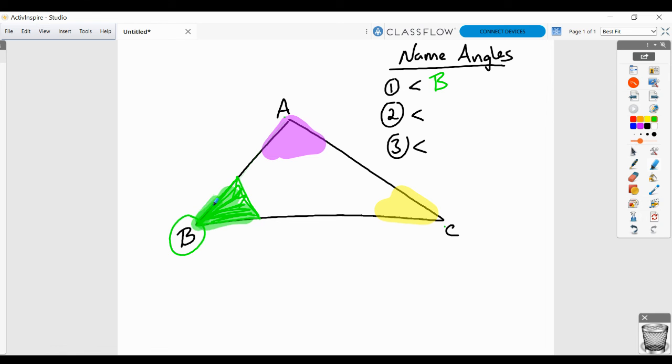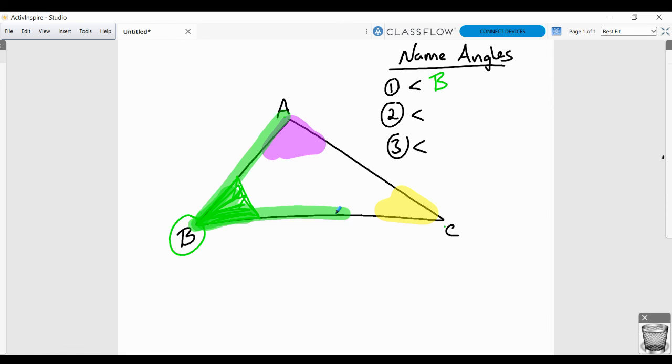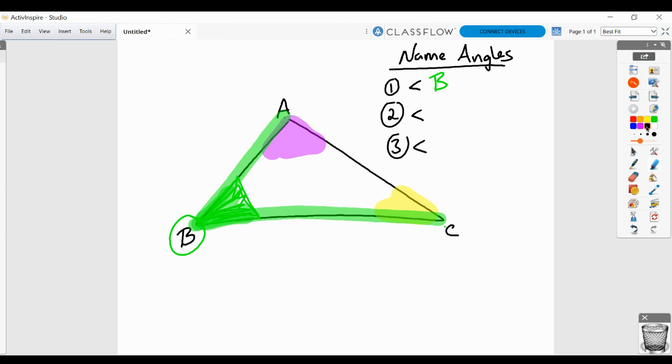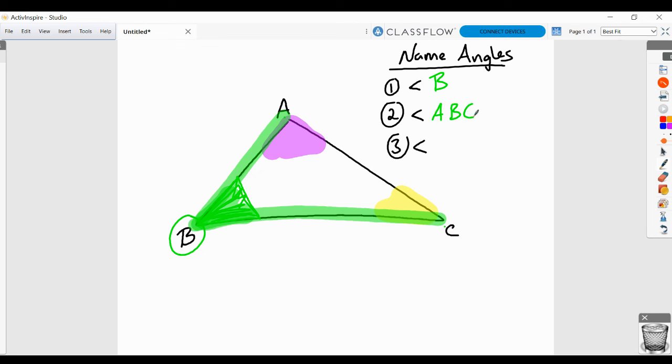If we started at B and traced those lines all the way out, we ended up all the way at A and all the way at C. So we can use those letters to actually name our angle. So one way that we can do is angle ABC.